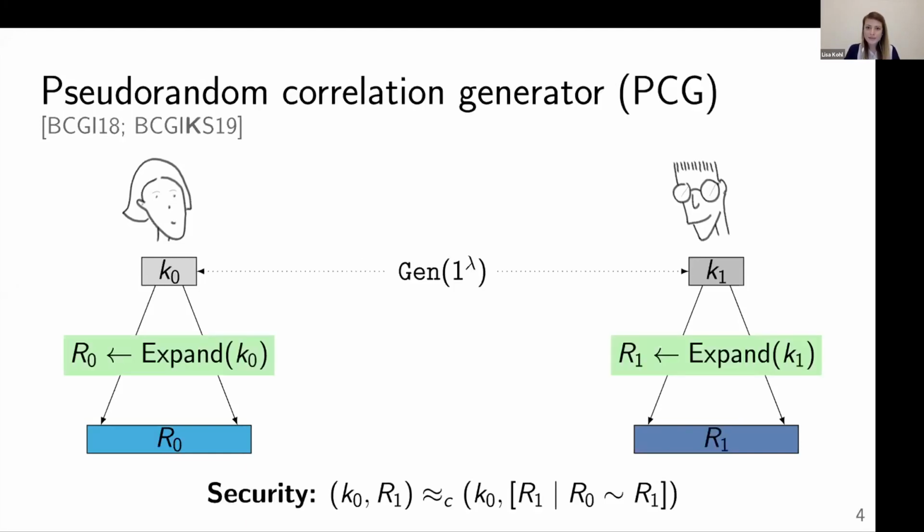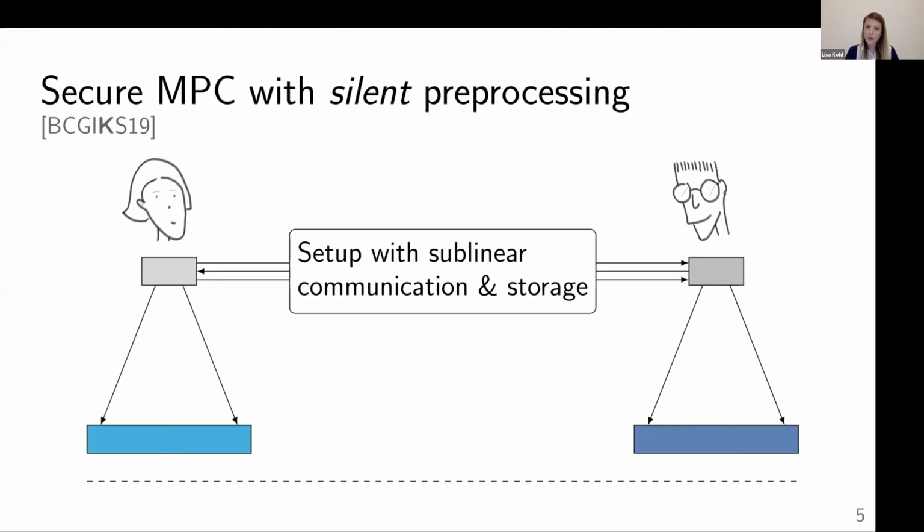Now that we have it, we will always consider a fixed correlation, and later I will be more explicit about this. Once we have a PCG for the correlation we care about, we can use this to get more efficient silent preprocessing, because we can have a setup with sublinear communication and storage.